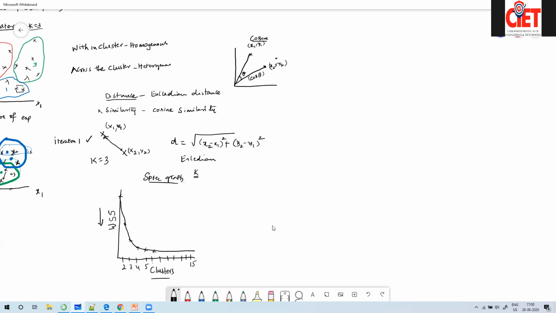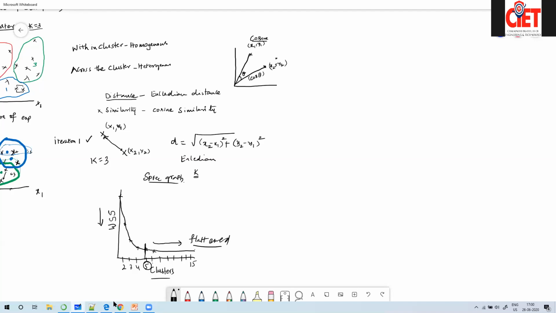But after some point, let's say after 5 clusters here, it almost gets flattened out. That means increasing the number of clusters any further is not going to make a better separation between the clusters. So wherever this graph gets flattened out, that's probably the ideal number of clusters to go with.